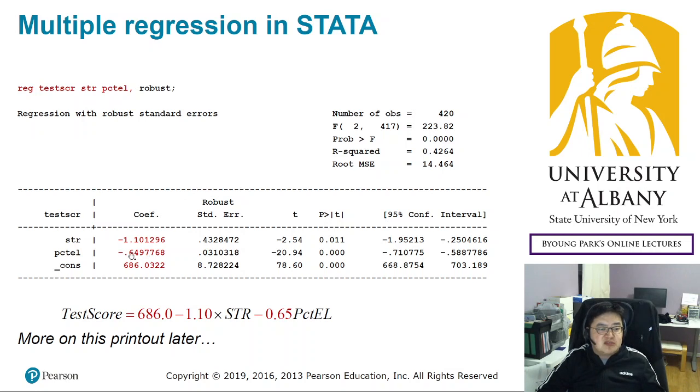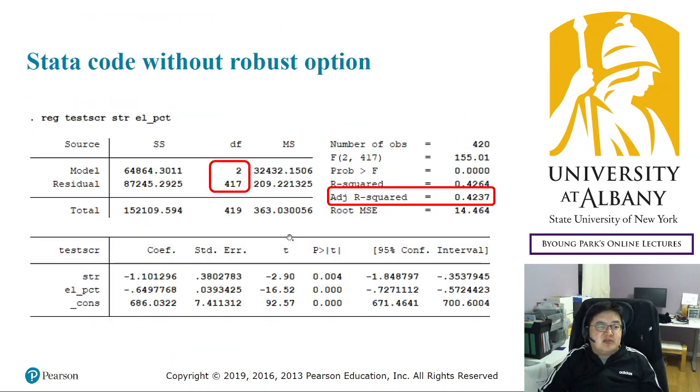And those coefficients are exactly what you saw before, and they have standard errors, t-statistic, p-value, confidence interval, typical things. And I also ran the STATA regression without using the robust option to show you an additional result.